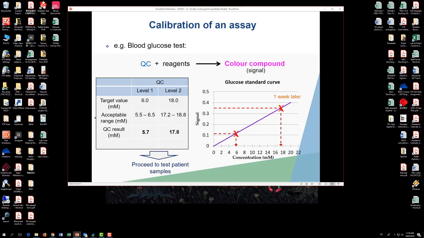However, after a week, the performance of the assay may drop due to running out of reagents or deterioration of the parts of the analyzer. For example, the light intensity of the light source is weakened, so the signal will drop.